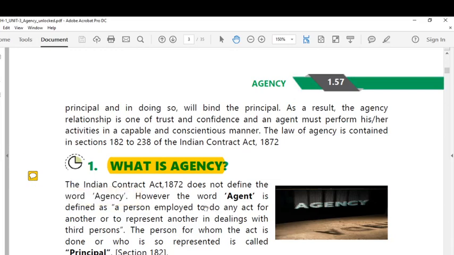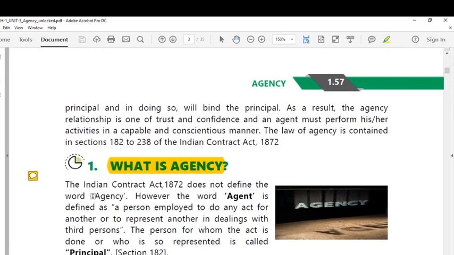As you are aware, in a contract of agency there are basically two parties, one is a principal and the other one is an agent. When it comes to agency, the Indian Contract Act 1872 does not define the word agency.